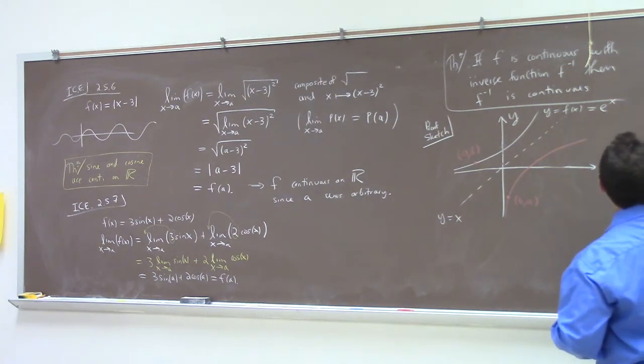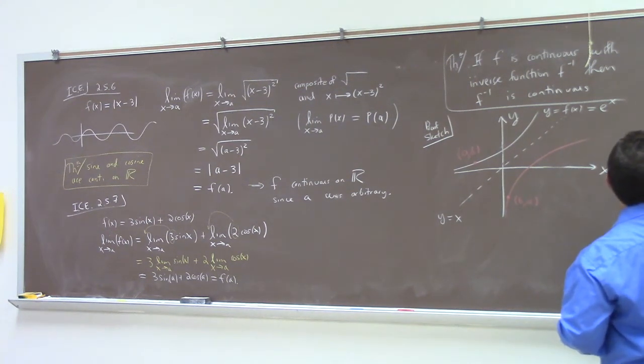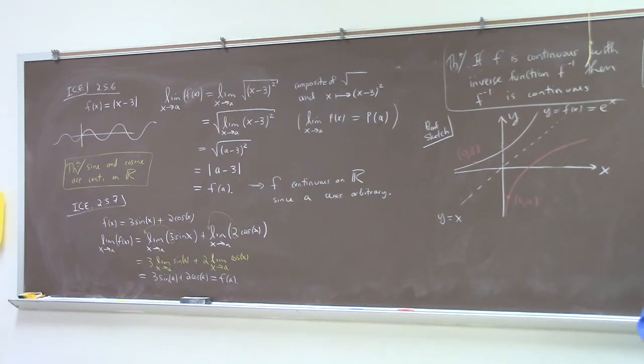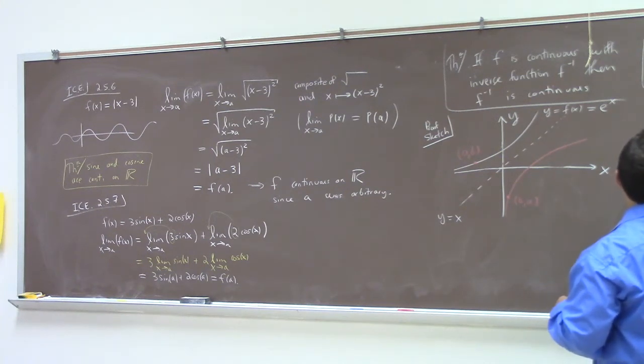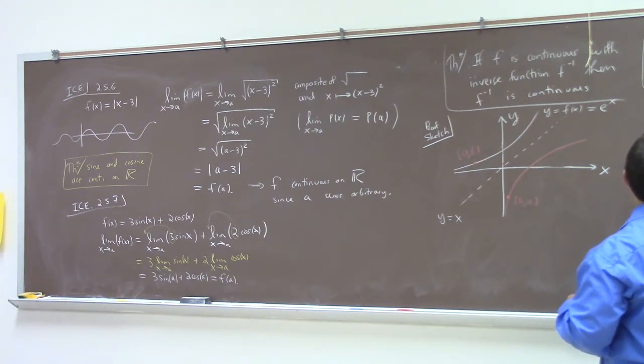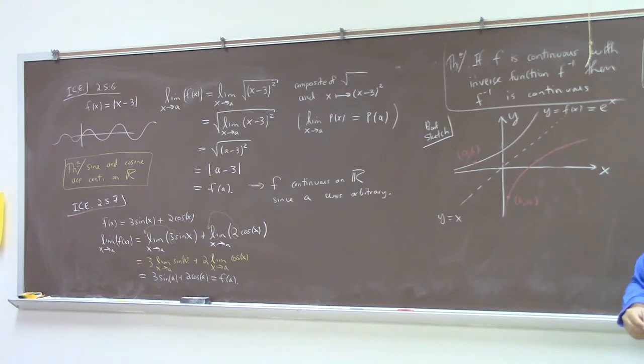Let's keep it simple for x greater than 0, all right? All right, so let me just warm up here. If you look at f of x equal to, say, x to the 13 fourths, you could look at that as the fourth root of x to the 13, right?